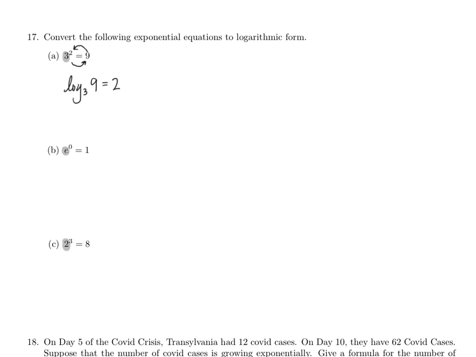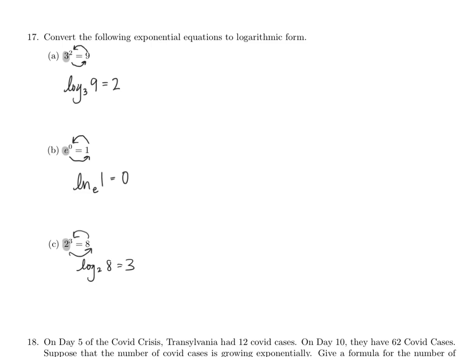Remember, for part B, you really want to use the natural log because you have the e there. So you would write the natural log of e to the 1 is equal to 0. Okay, and then this one, you would say the log base 2 of 8 is equal to 3.